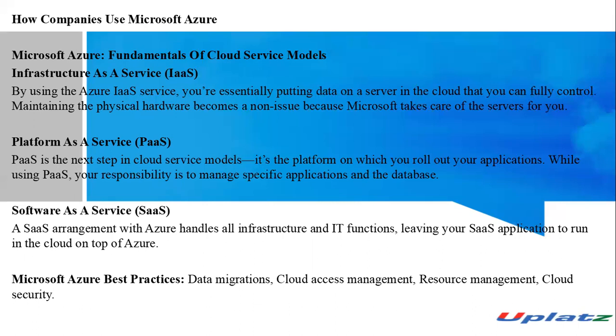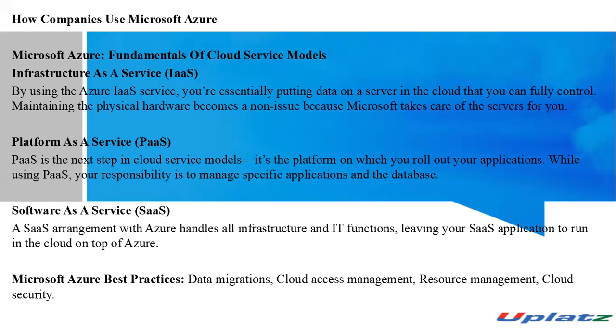All right. So what is platform as a service now? Platform as a service is the next step in cloud service models. It's the platform on which you roll out your applications.